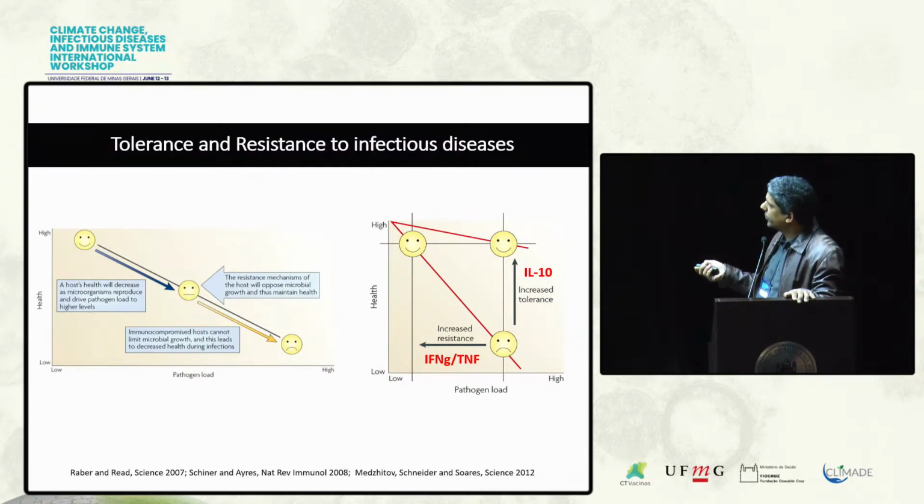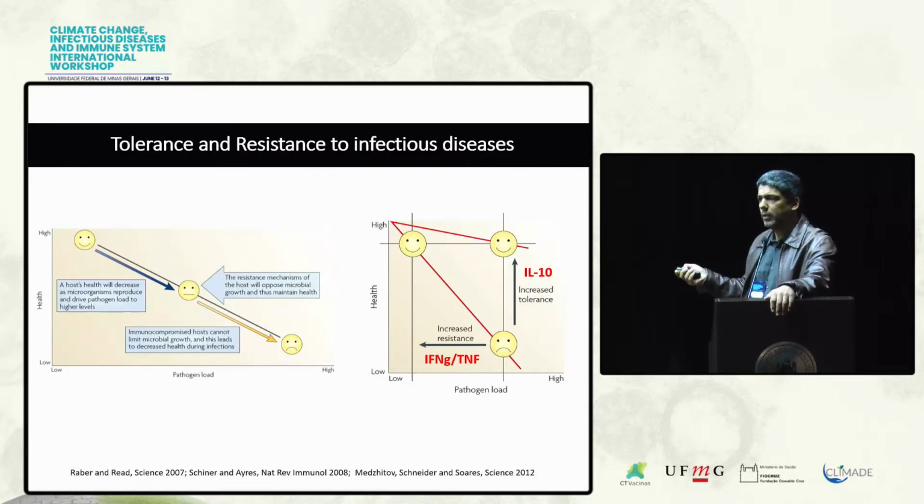In order to control this situation, you need to be resistant to the infection, and impair the proliferation of the pathogen. But in some people, the pathogen proliferates in the same way as in others, and some just stay well.